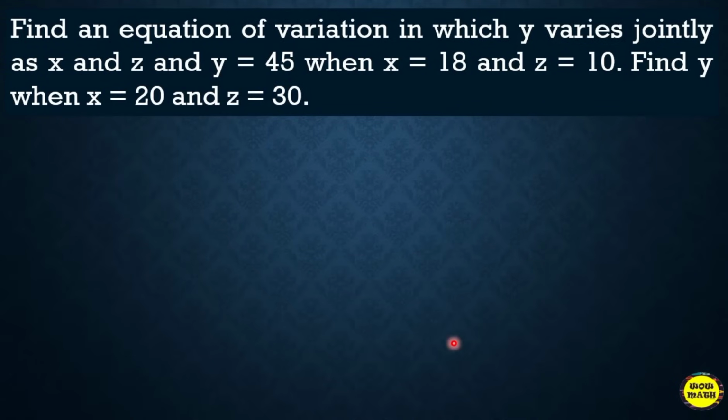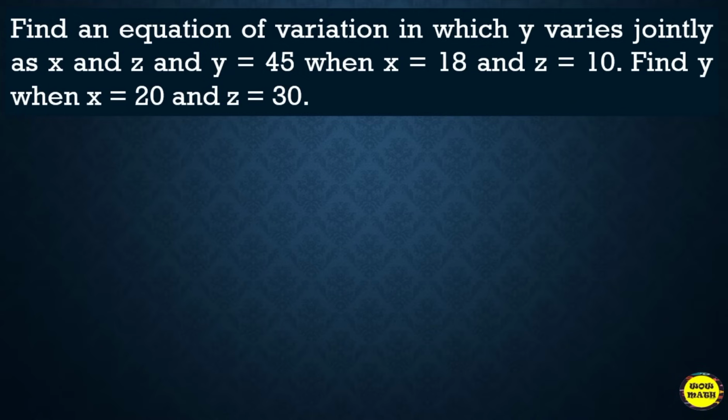Another example. Find the equation of variation in which y varies jointly as x and z, and y equals 45 when x is equal to 18 and z equals 10. So, find y when x equals 20 and z equals 30.